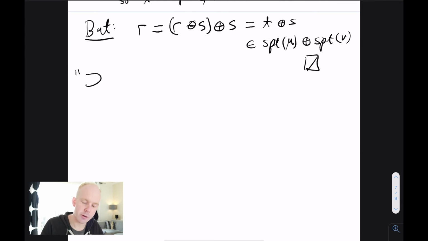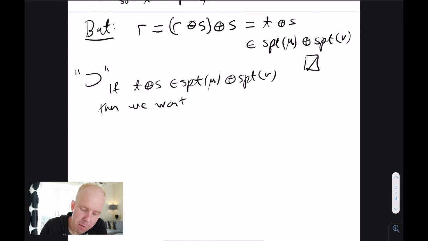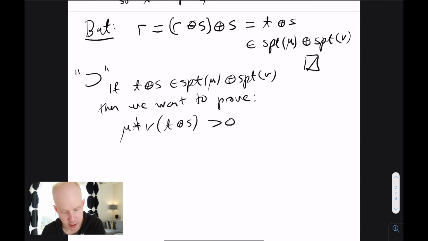And then for the converse, we can do it as follows. If we take T plus S in supp mu plus supp nu, so these are two elements in the supports, then we want to prove that mu star nu, so the convolution at T plus S, is positive.